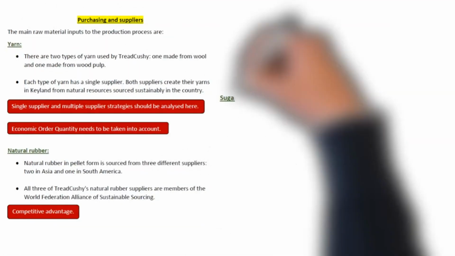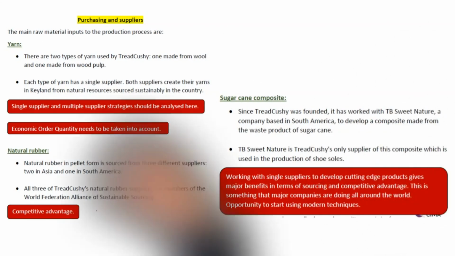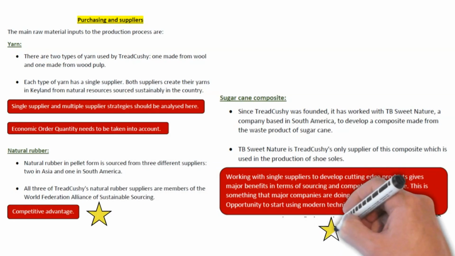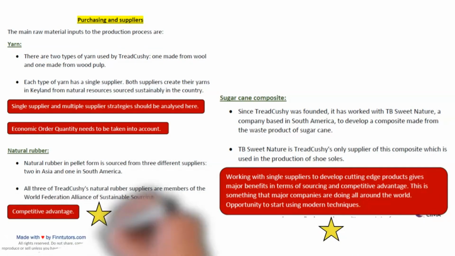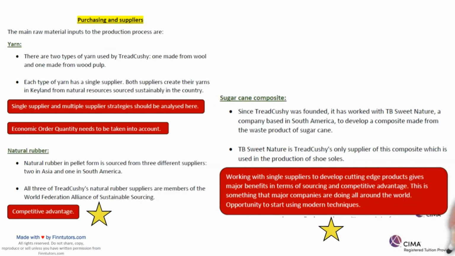Next, we move on to the subheading of purchasing and suppliers. So the main raw material inputs to the production process are, first is yarn. We use a lot of yarn. There are two types of yarn used by TreadCushy, one made from wool and the other made from wood pulp.